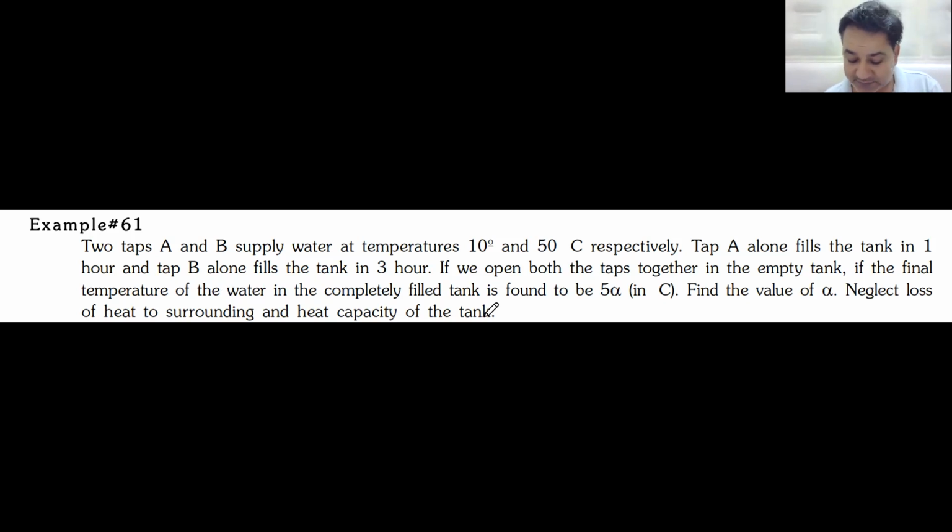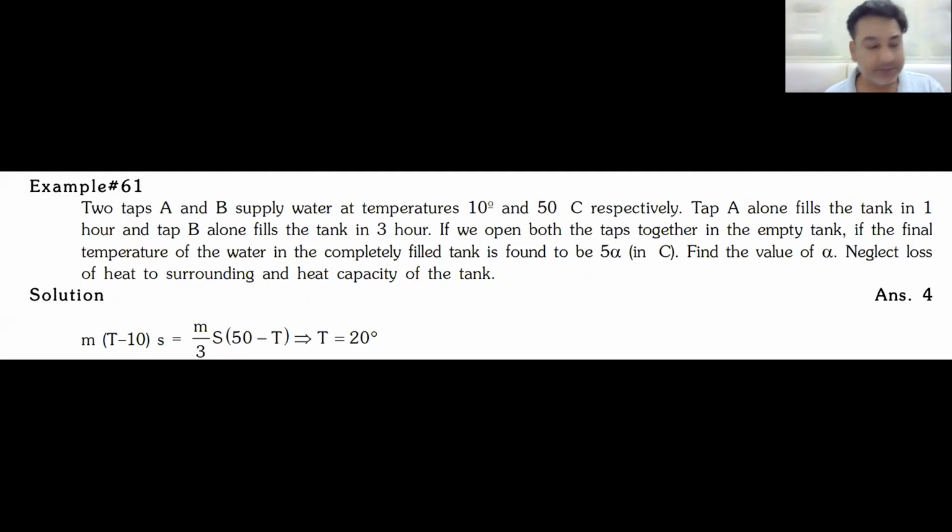M by 3, and that is the way it has to be done. If you understand this, after that, the question is pretty simple. Yes or no? Yeah. So you just understand the core concept behind it, and then the question is pretty simple.